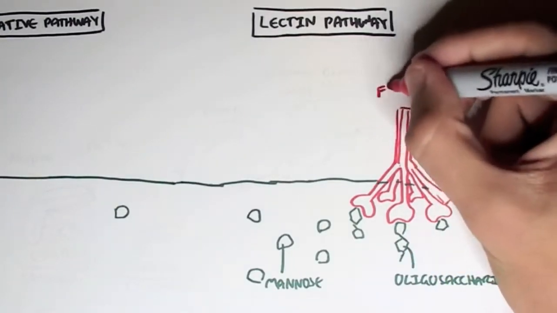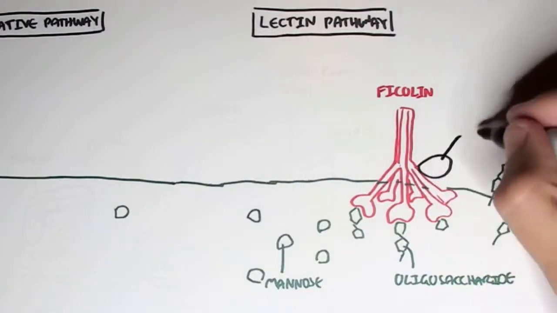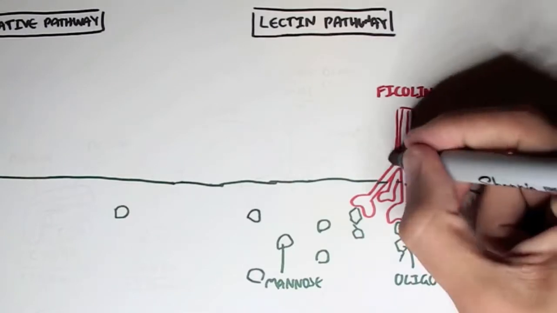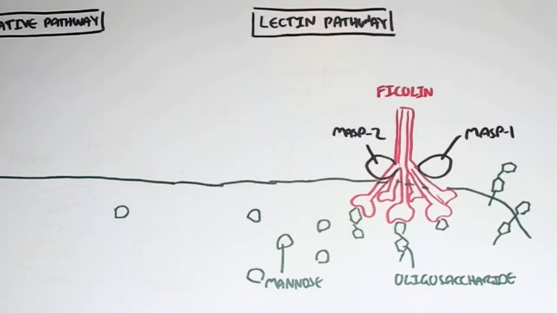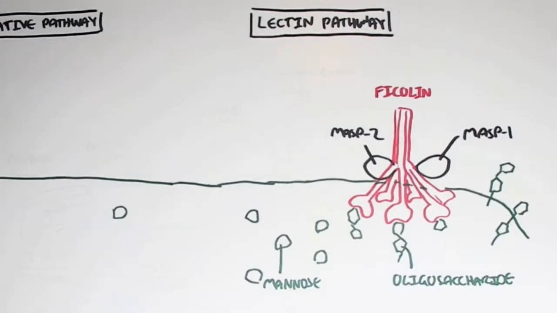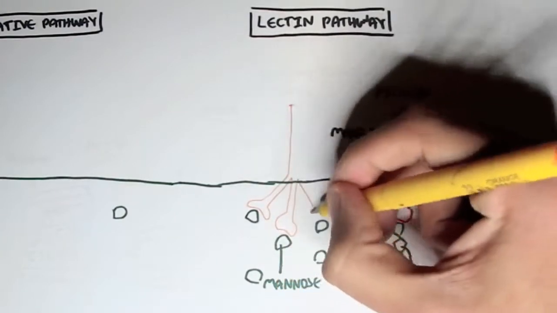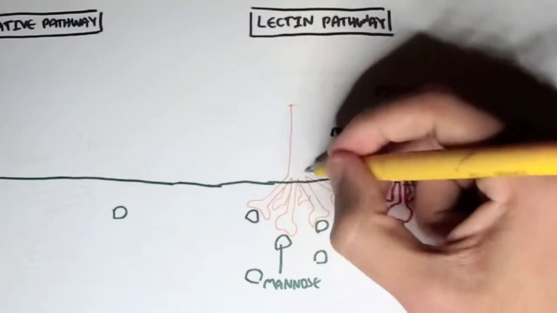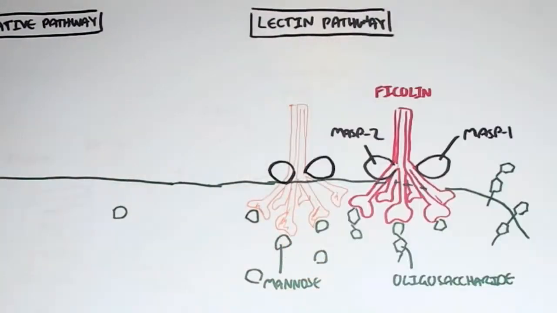So for example, we have a protein called ficolin, which binds to the oligosaccharides of a pathogen, a bacteria. Ficolin also has other proteins bound to it, MASP1 and MASP2. Another type of protein is the mannose binding lectin, abbreviated MBL, which binds to mannose parts of the pathogen.